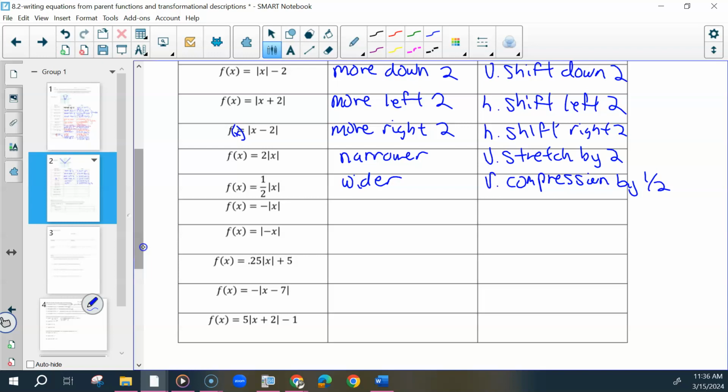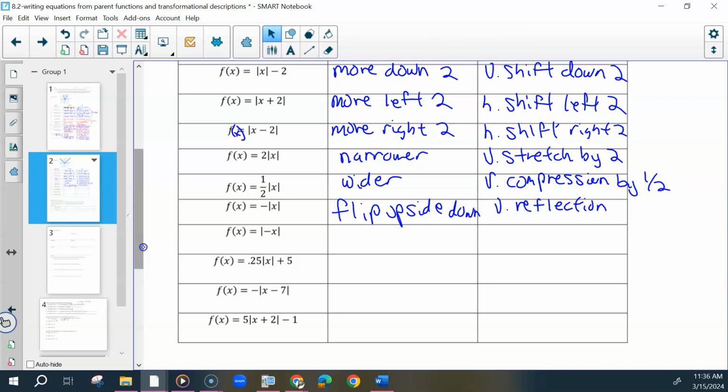Negative outside the absolute value. It would flip it upside down. What would that rule be? Vertical reflection, or a reflection over the x-axis. Okay. Watch me graph this one and look at what happens.